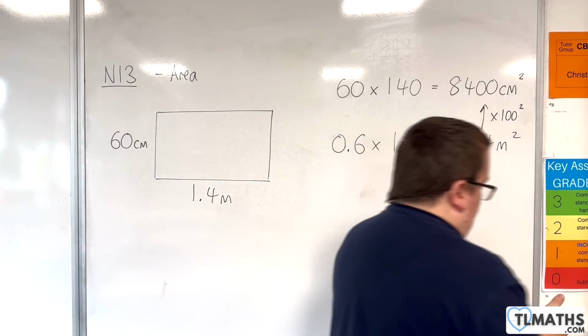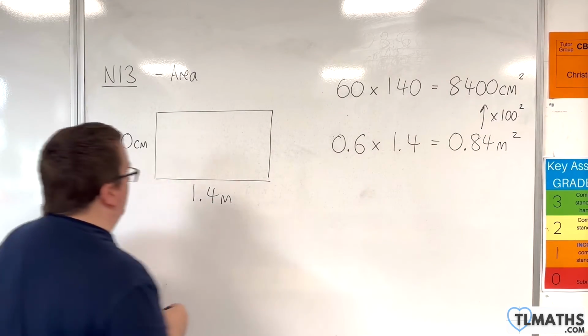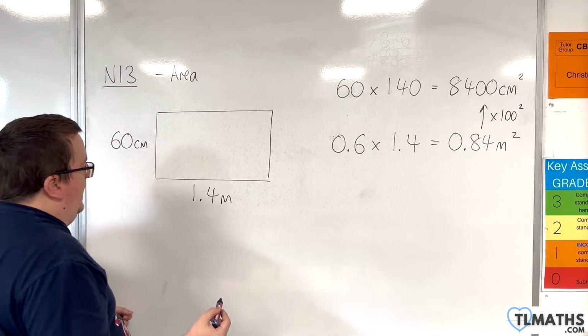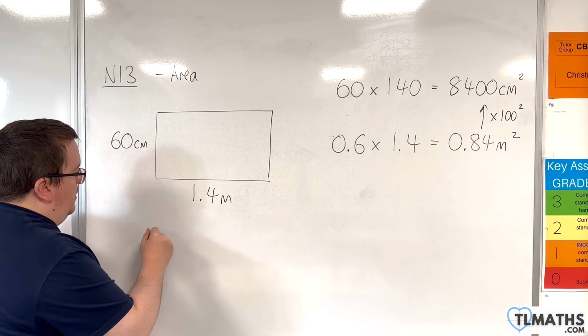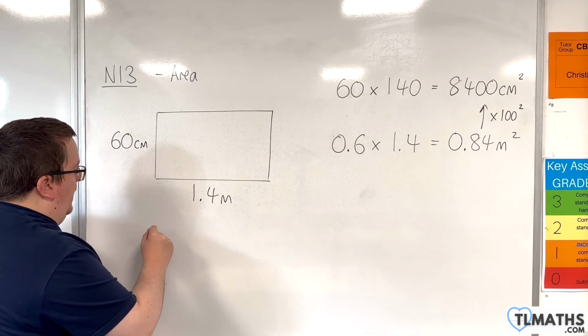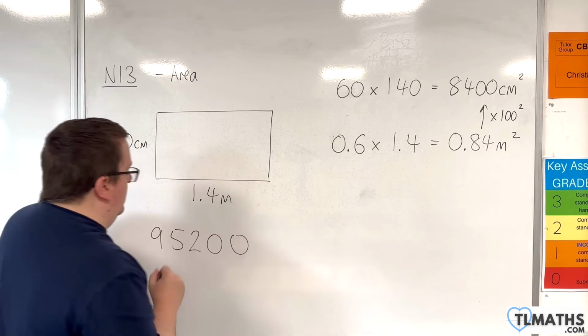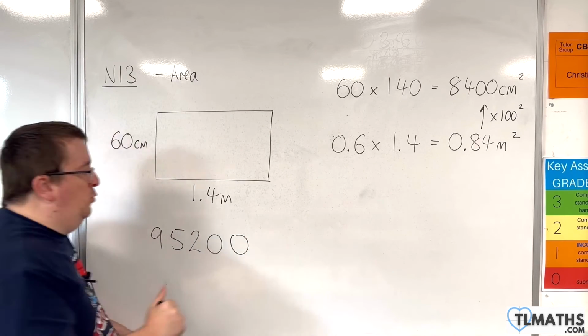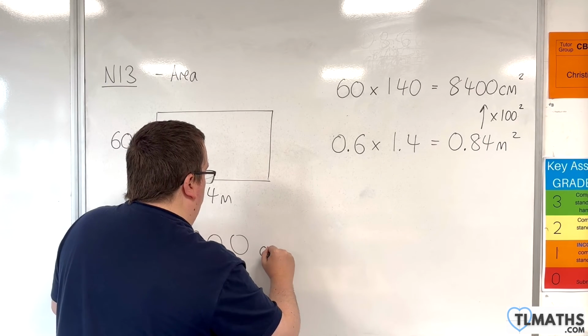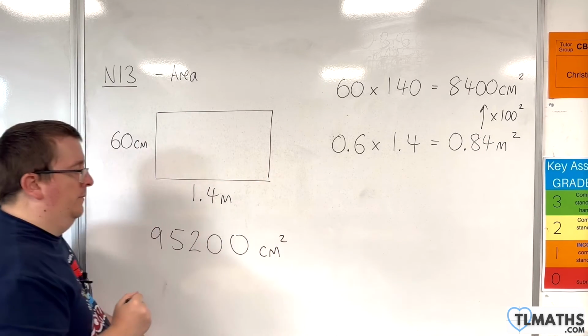So let's say, for example, that I had an area of 95,200 square centimetres.